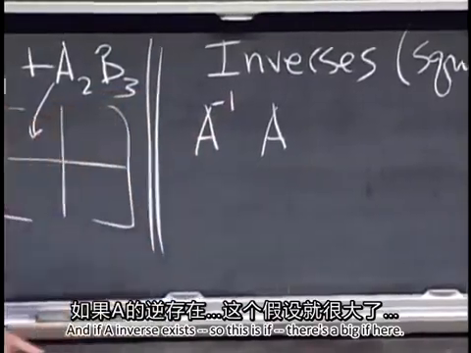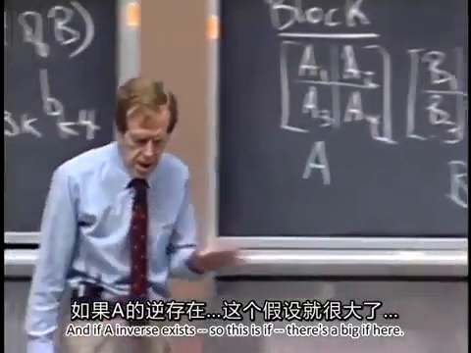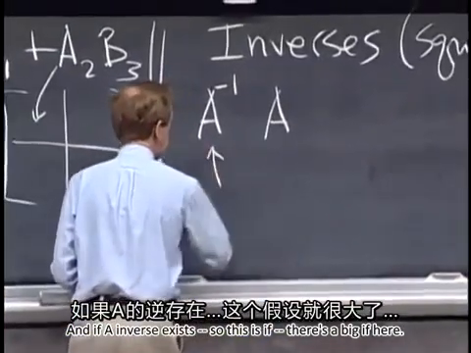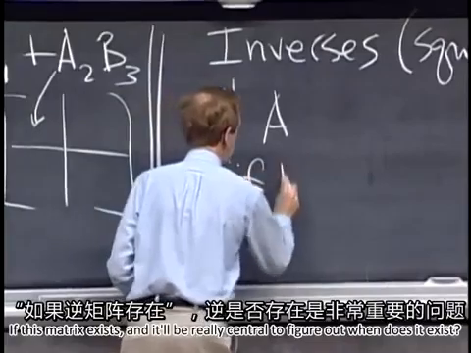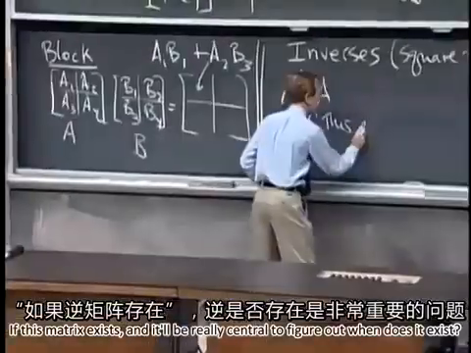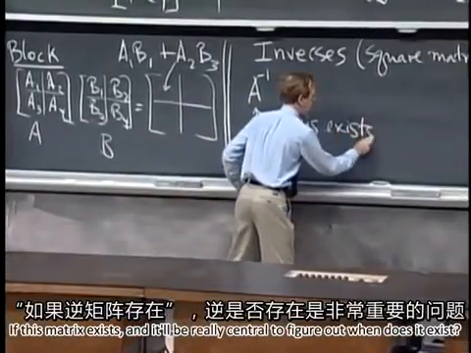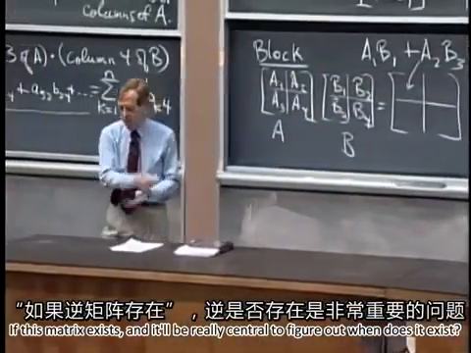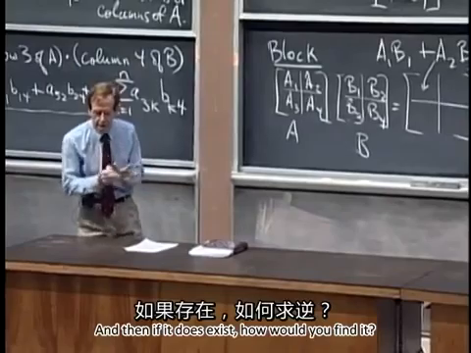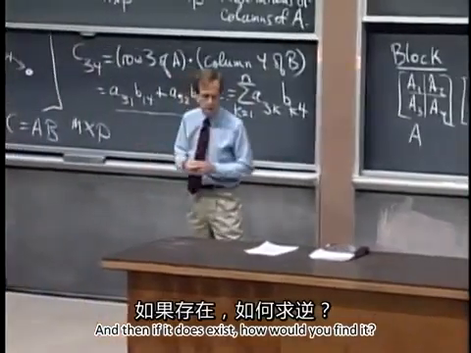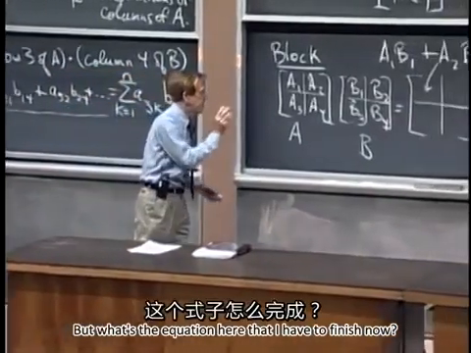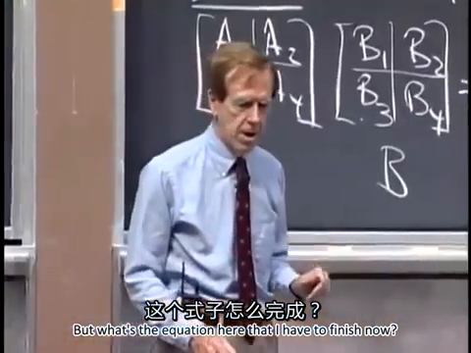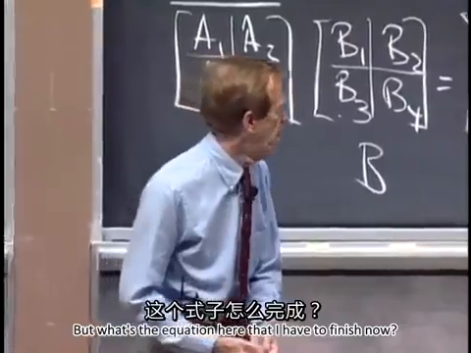And if A inverse exists? So this is if, there's a big if here. If this matrix exists, and it'll be really central to figure out when does it exist. And then if it does exist, how would you find it? But what's the equation here that I have to finish now?